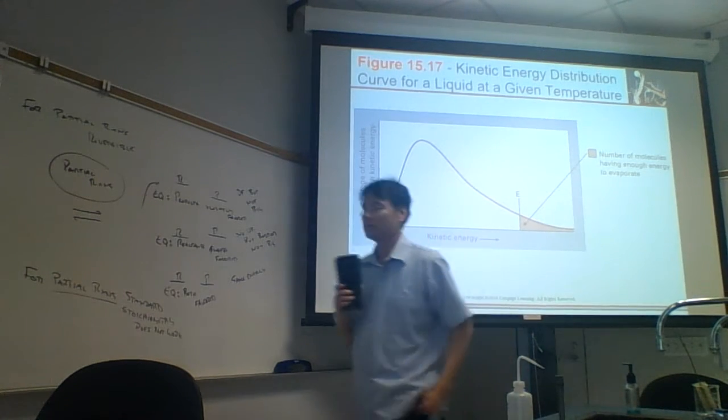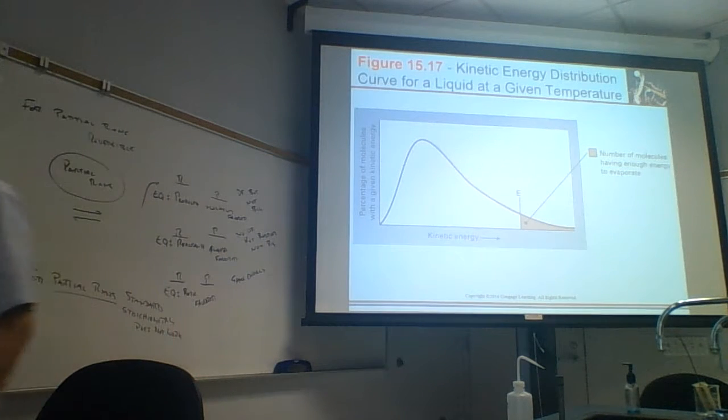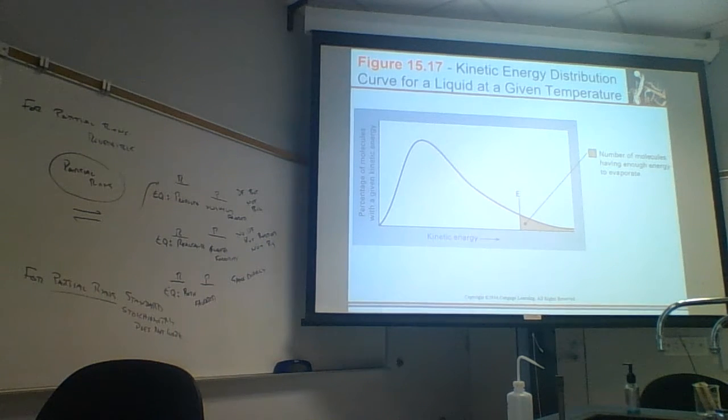It doesn't cost as much energy to vaporize off the surface. But we can apply the same curve. This is the same curve as water, just a different cutoff energy. This is the cutoff energy for molecules to have enough energy to evaporate, and the cutoff energy for autoionization is way up here. Okay.